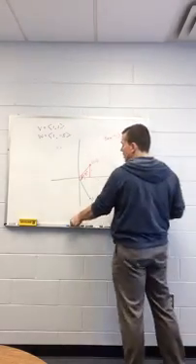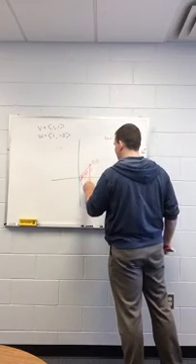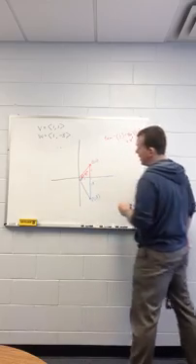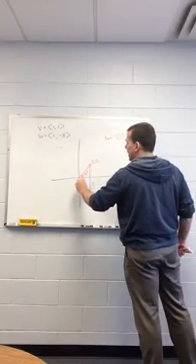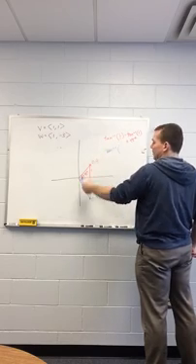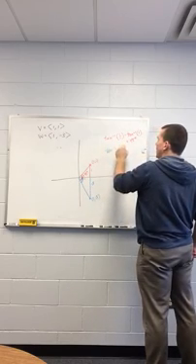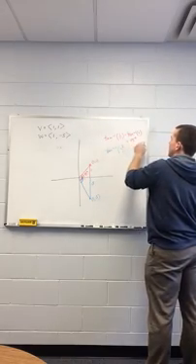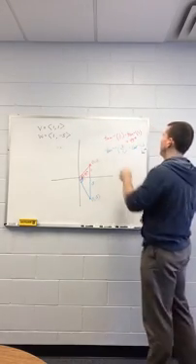But then I can do the exact same thing on this triangle right here. This is still 1. This now is negative 3. So if I want to find this angle, I can do the same thing. Tan inverse of the opposite, which is negative 3 over 1, is equal to tan inverse of negative 3.